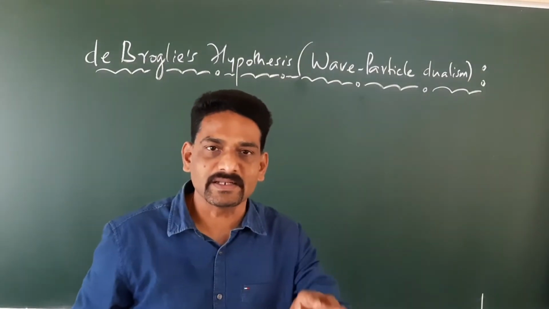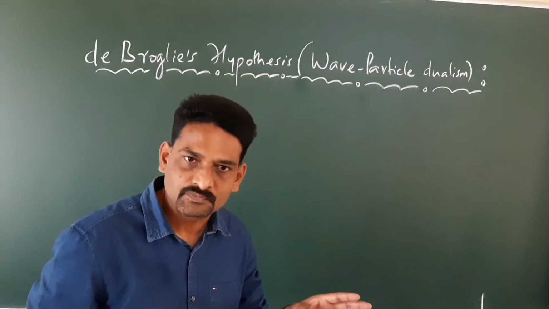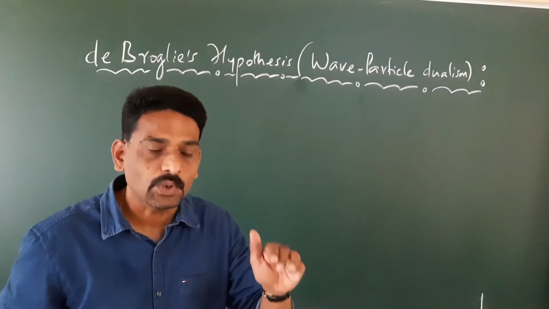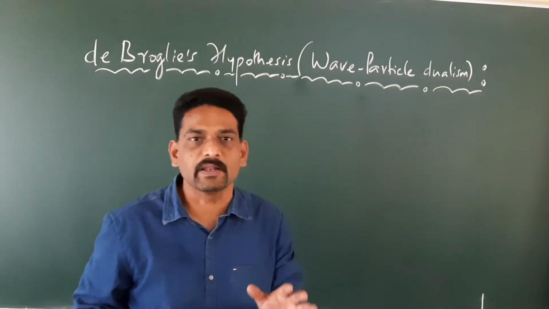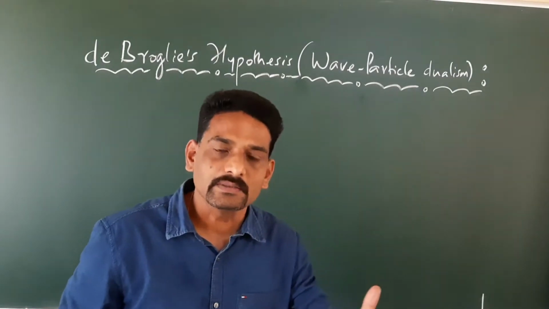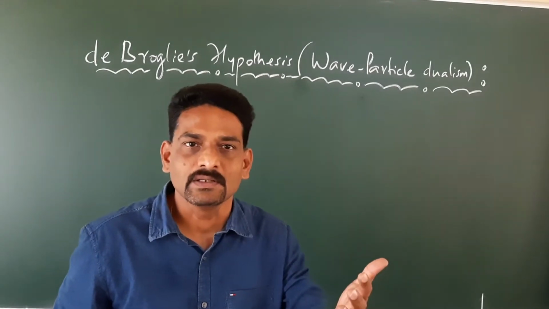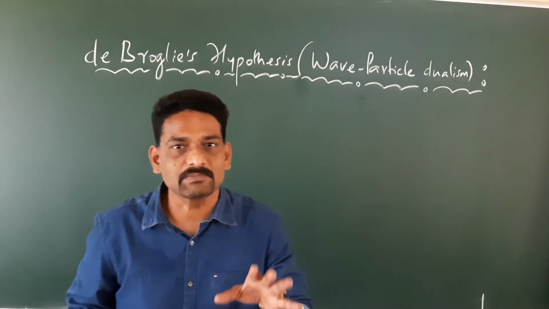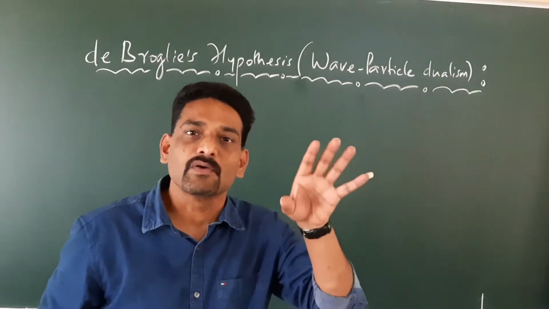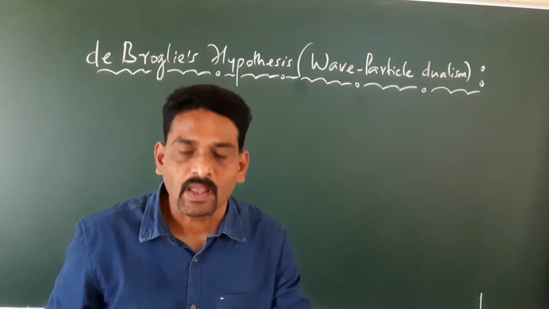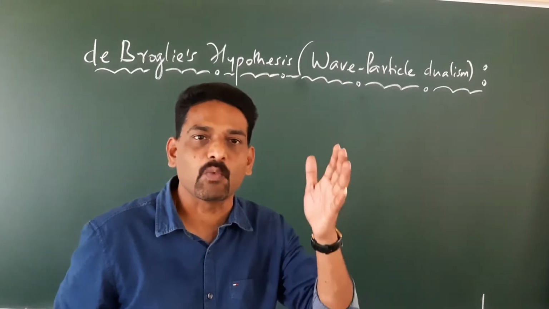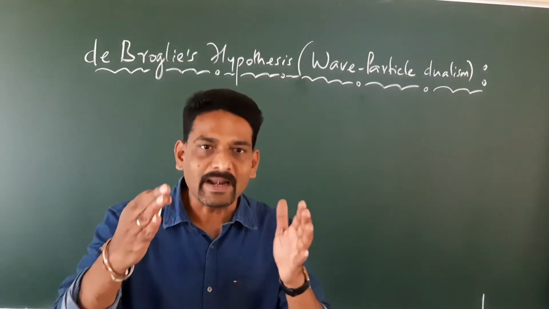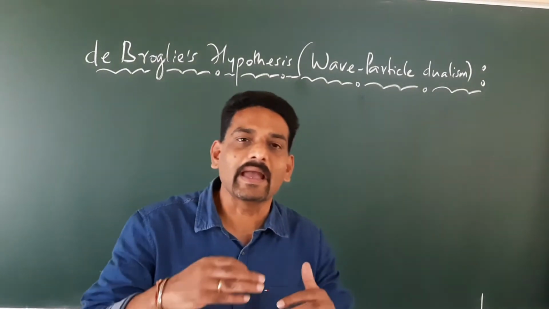By considering the X-rays as made up of n number of photons, each photon carrying the energy E equals h nu. So Compton was able to explain the Compton shift by considering an incident X-ray beam as made up of n number of photons, or the particles, and it was assumed that there is going to be a one-to-one collision between the incident photon and the electron, and in this collision there is going to be a loss of energy.